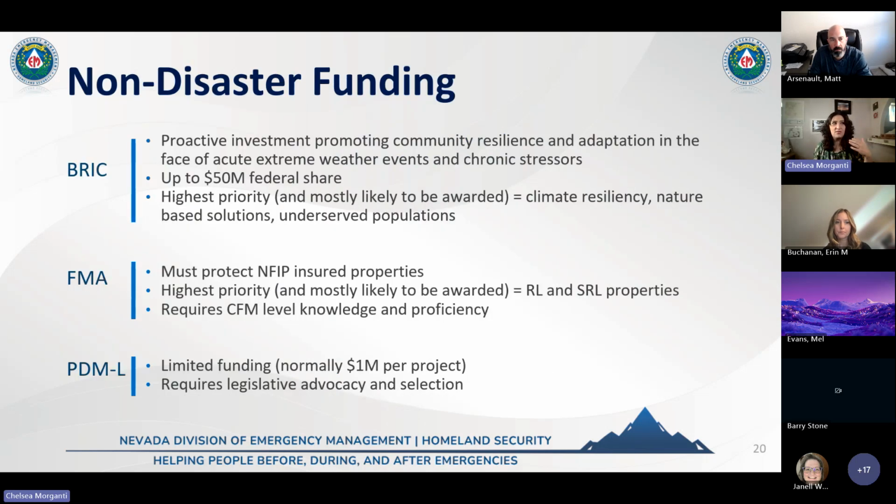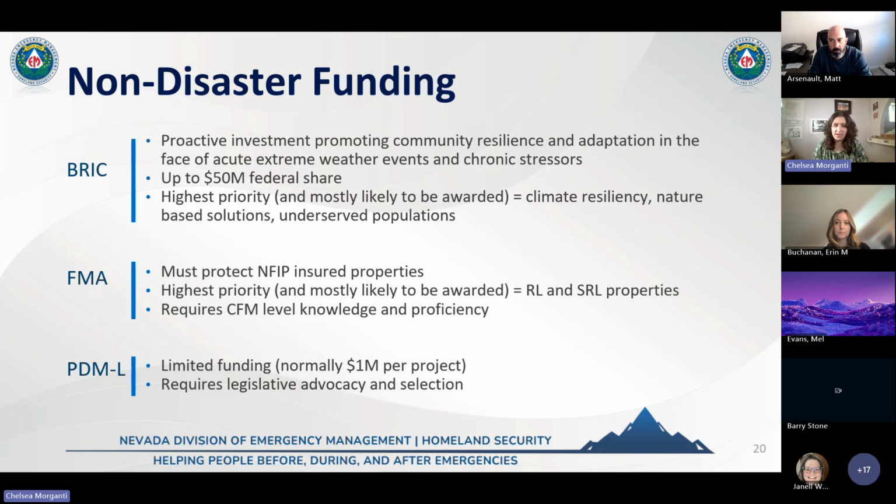For FMA, the Flood Mitigation Assistance Grant Program, they must protect NFIP insured properties. The highest priority and most likely to be awarded are going to be your repetitive loss and severe repetitive loss properties. So under the National Flood Insurance Program, we're talking properties that have experienced multiple events of flooding. Who in here is a certified floodplain manager?